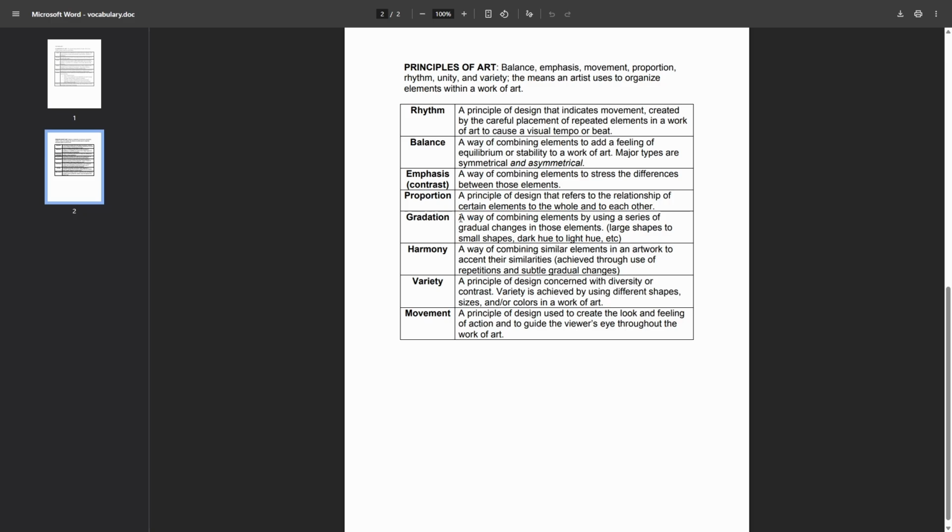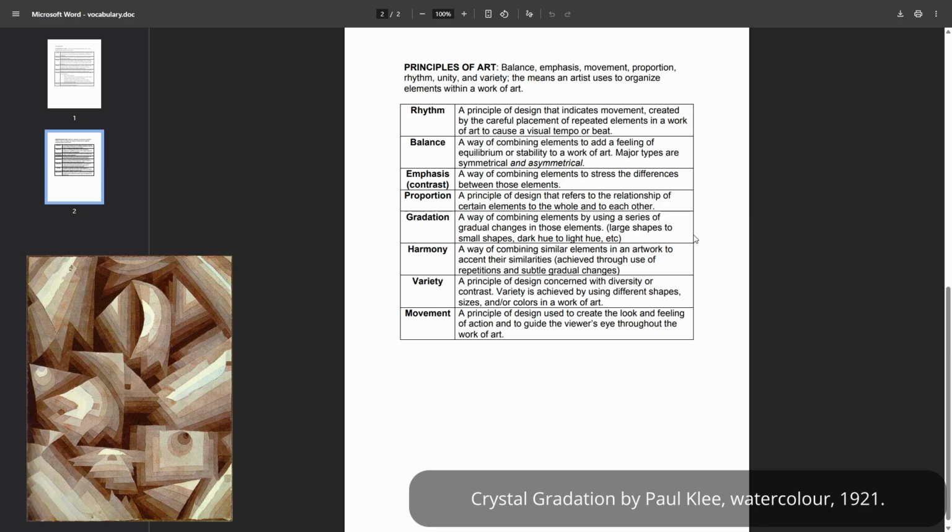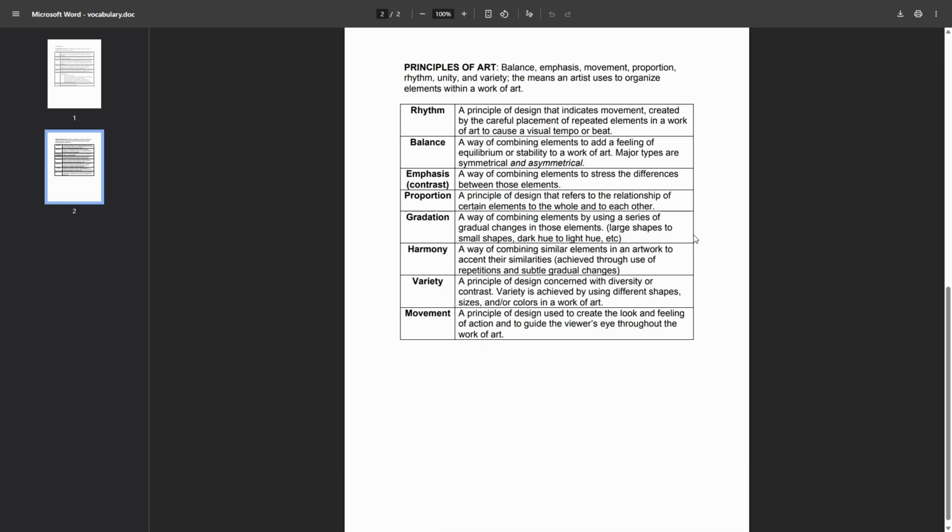We have gradation, a way of combining elements by using a series of gradual changes on those elements. Large shapes to small shapes, dark hues to light hues. These are something like gradients. If I have a dirt path, for example, that is decorated with statues or even stones, if I place a lot of stones and they are smaller than the previous one, I have the feeling of gradation of getting smaller.